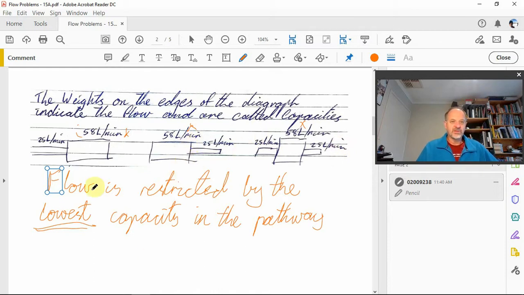Because this one on the left, if it's flowing left to right, while that can cope with 58 litres per minute, it can only get a maximum of 25. So in these cases, 25 litres per minute.